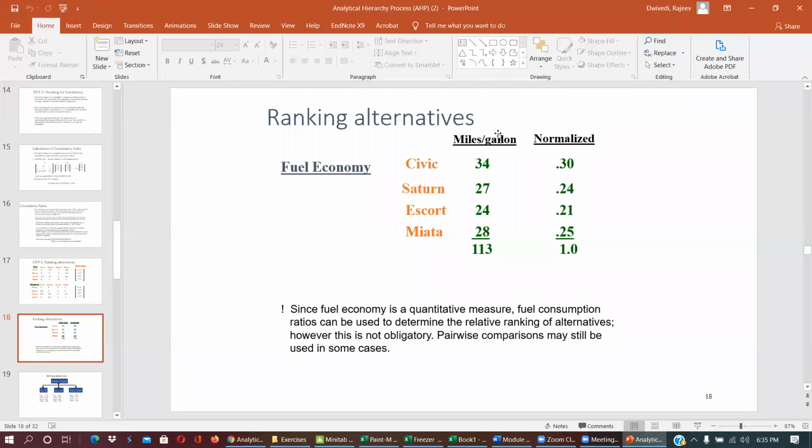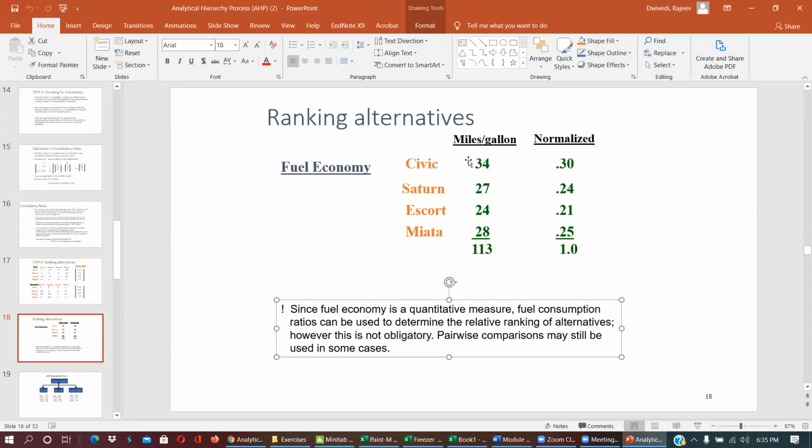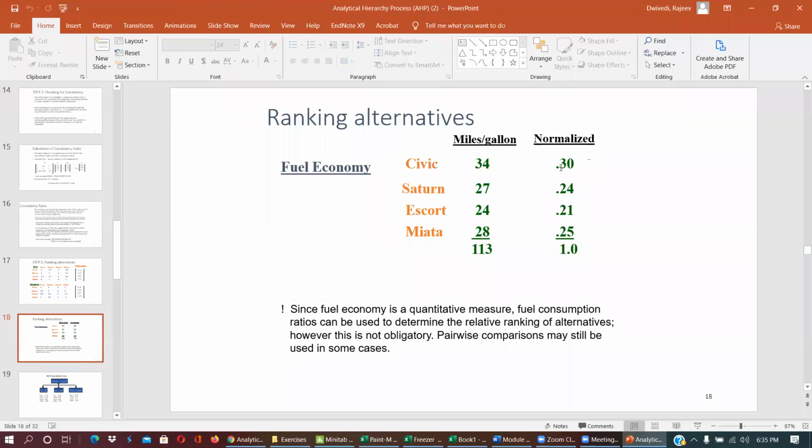Similarly, we go for the third option. Since it is not a pairwise comparison, we can do it directly, because we have mileage per gallon, the real values based on the claims by the cars. The total is 113 miles, then 34 divided by 113, 27 divided by 113, 24 divided by 113, 28, and we get the normalized values like this.